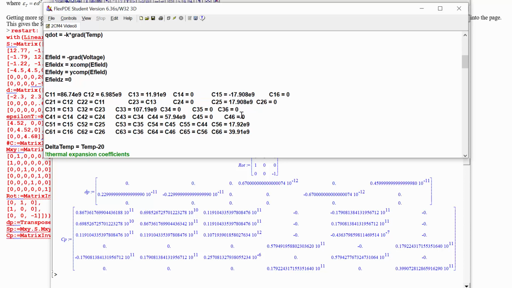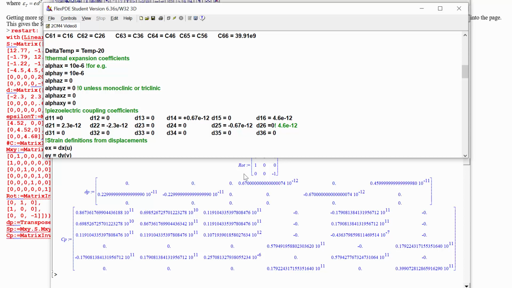And the other thing that shows up is this 5,6 component moving to 4,6, moves one row up. Okay, so this should be the new setup for quartz rotated into the new coordinate system.